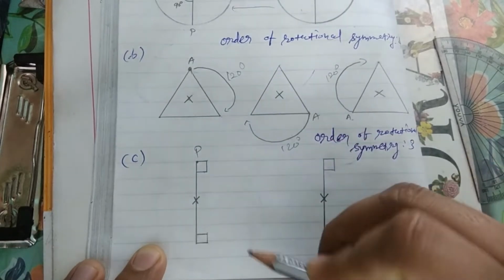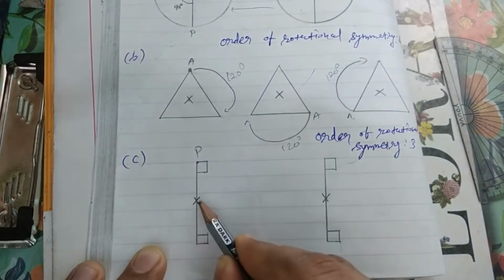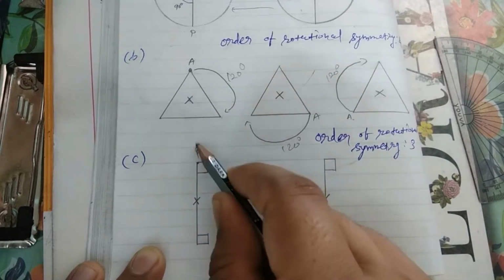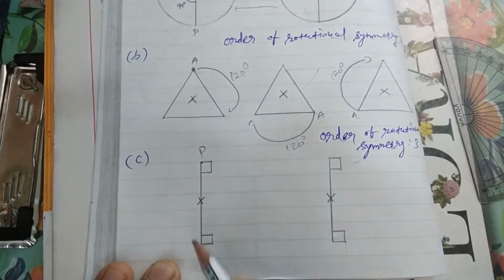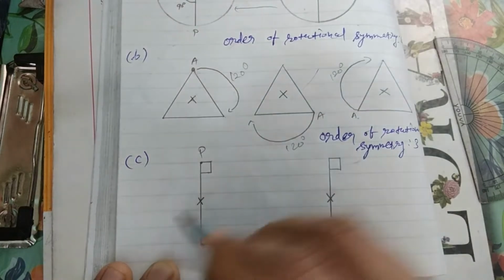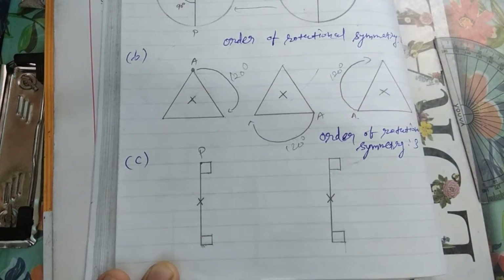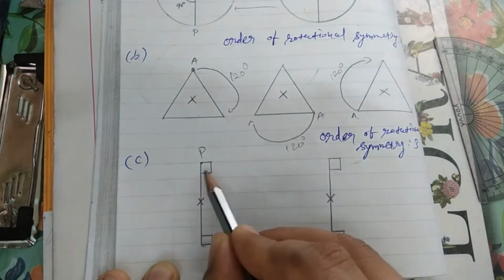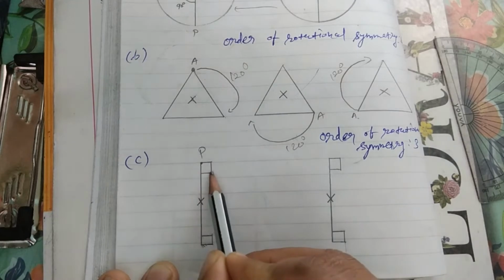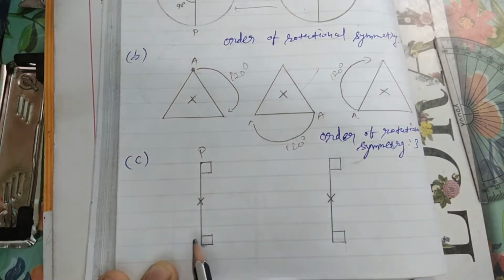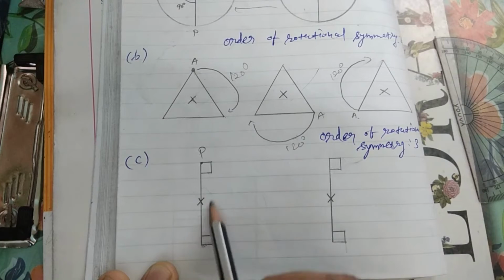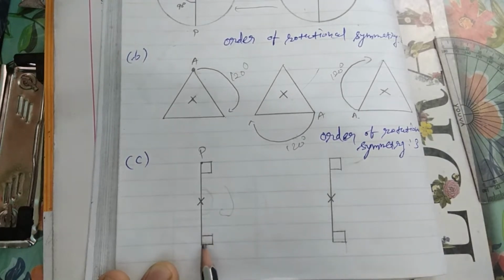If we rotate this shape in such a way that point P comes to this place, then we do not get exactly the same shape. We can see the square boxes after rotating by 180 degrees are at this inverted place. So it is not a rotational symmetry.